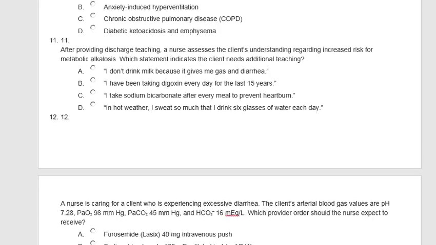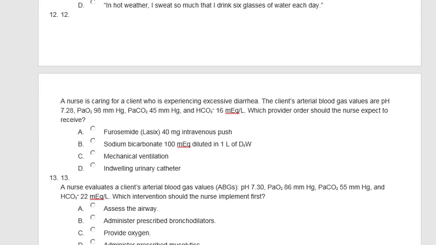Number 12. The nurse is caring for a client who is experiencing excessive diarrhea. What do we say causes excessive diarrhea? Remember pooping out your bicarb. When you have excessive diarrhea, you get into a metabolic acidosis because you poop the bicarb out.